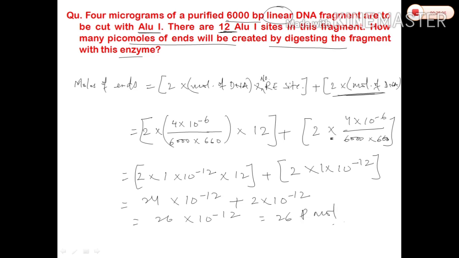So digestion of 4 microgram of the 6000 base pair fragment with AluI will generate 26 picomole of ends.